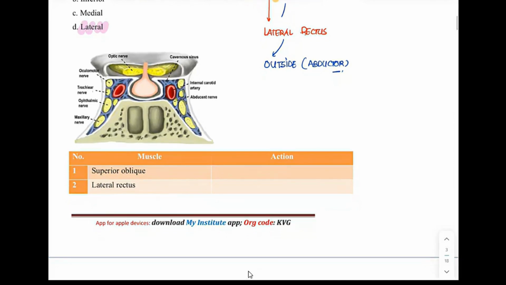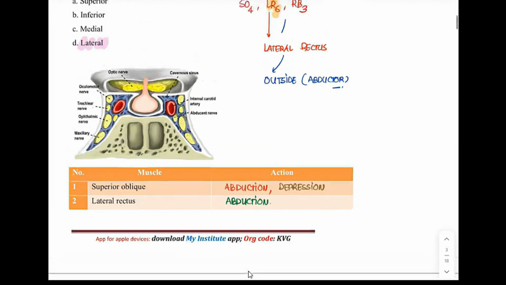The superior oblique takes the eyeball outward, that is abduction, and downward, that is depression. And the lateral rectus takes the eyeball outward, that is abduction. Right? So please remember this much.